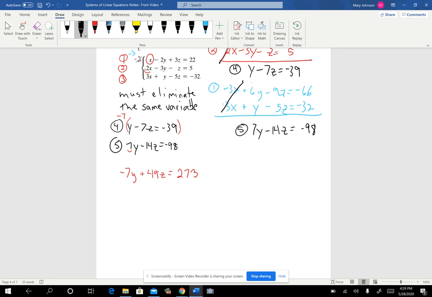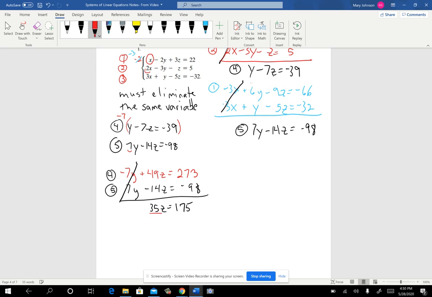Now equation 5, I'm not really changing, so I'm just going to bring that along and get it all lined up. So these were my two equations, and I got it ready to eliminate, and I chose to eliminate my y's. That adds up to be 0, and I have 35z equaling 175.